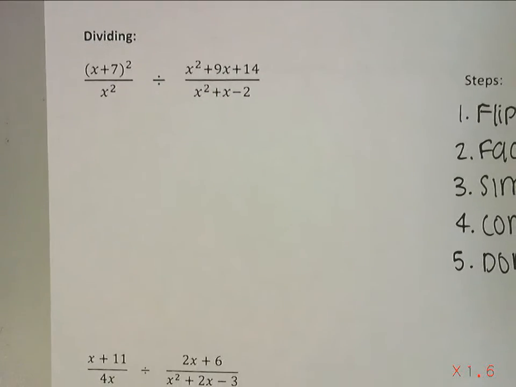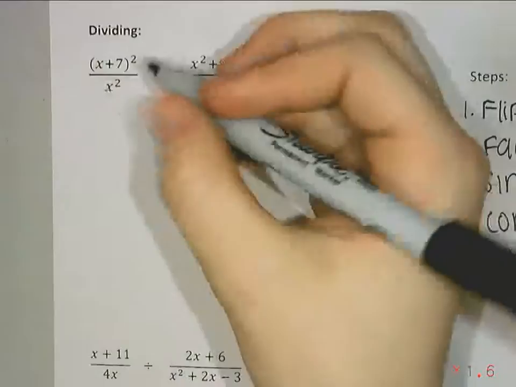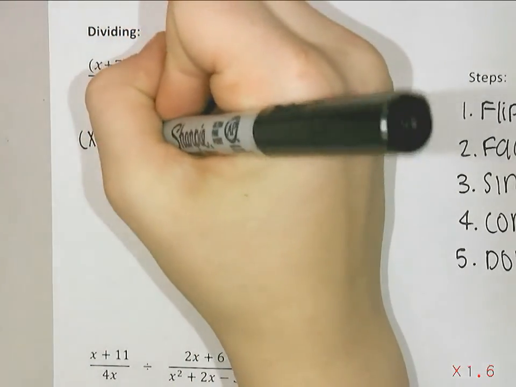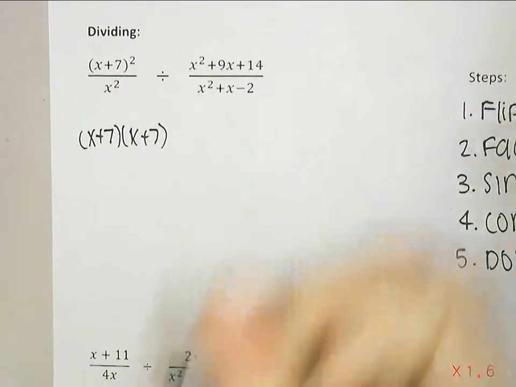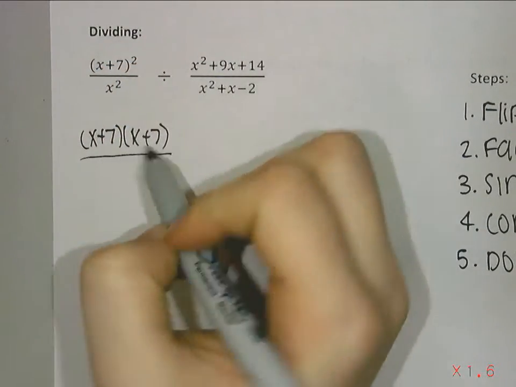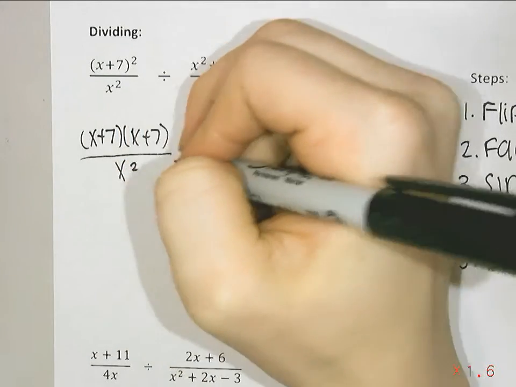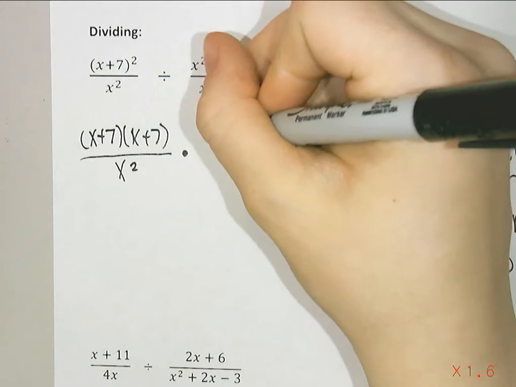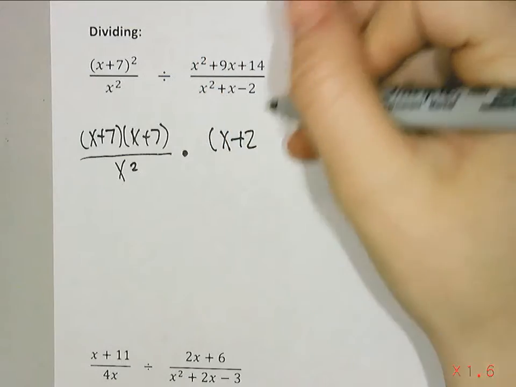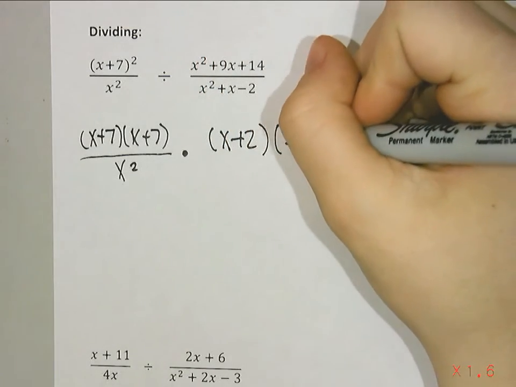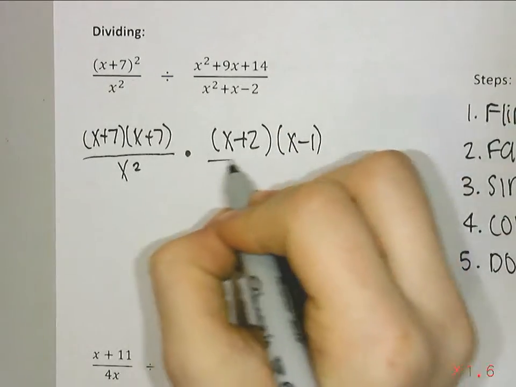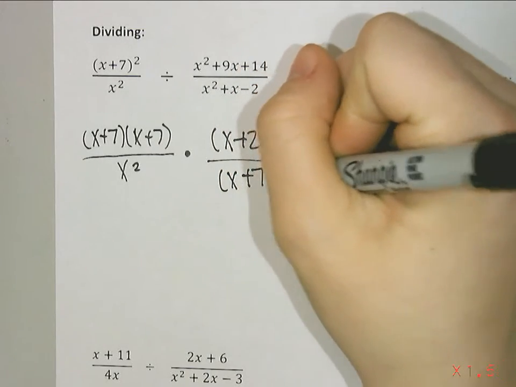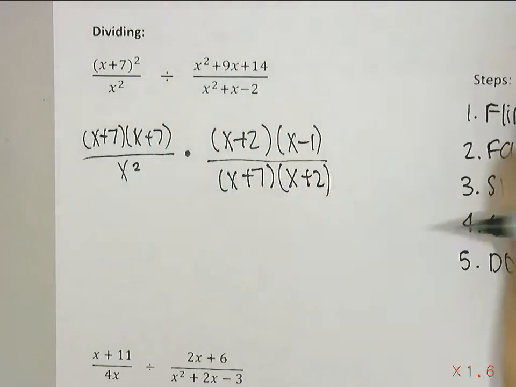So for this one, this is going to expand out to x plus 7 times x plus 7, because it's x plus 7 squared, over x squared, times x plus 2, because this is up here now, x minus 1, and then the bottom would be x plus 7, x plus 2.